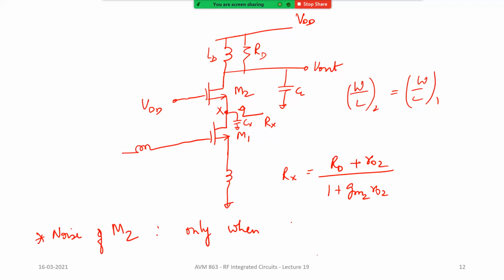Okay. So when 1 over Gm2 becomes comparable to 1 by 2 times R01 Cx, into omega Cx. So that is when the noise of M2 starts becoming prominent. Okay. So till then it really doesn't affect much. Typically the noise contribution of M2 is lesser than M1.